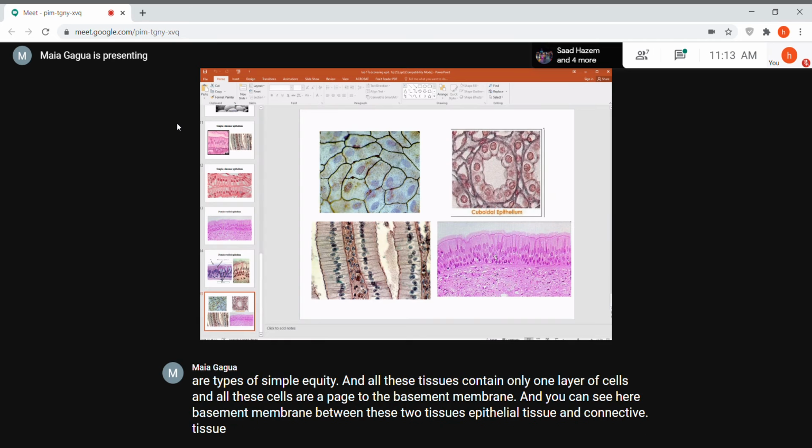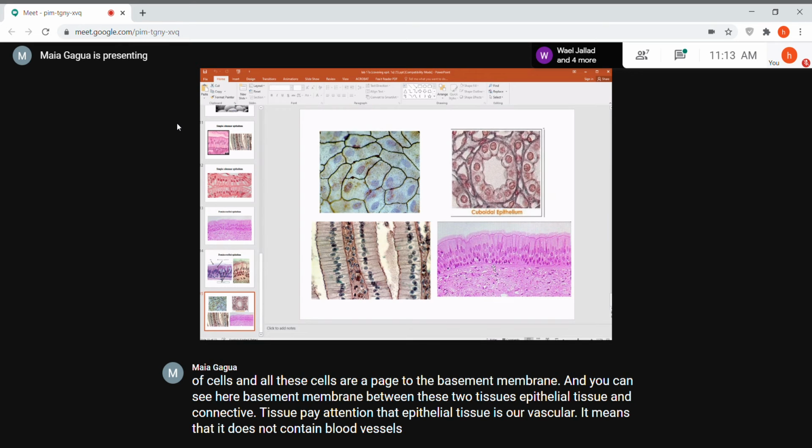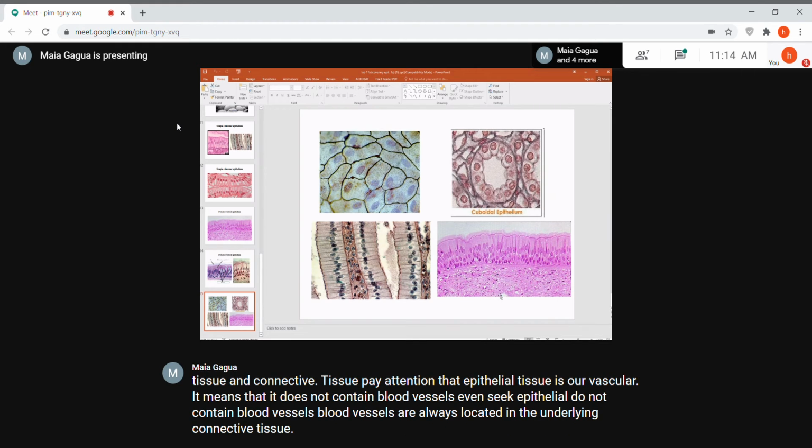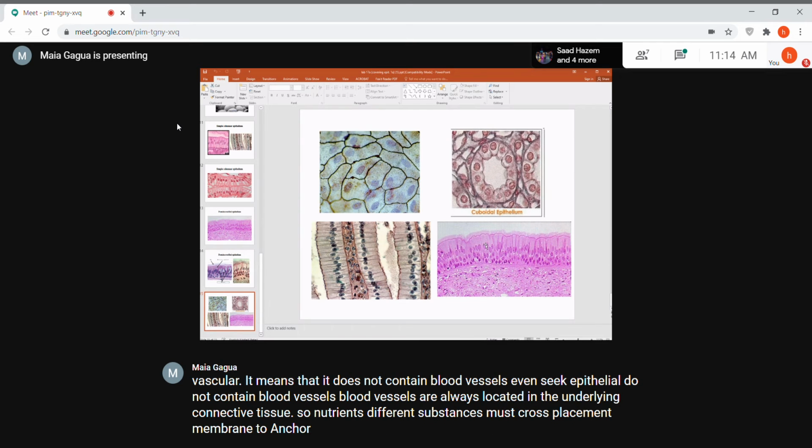Pay attention that epithelial tissue is avascular. It means that it does not contain blood vessels. Even thick epithelia do not contain blood vessels. Blood vessels are always located in the underlying connective tissue. So nutrients, different substances must cross basement membrane to enter epithelial tissue.